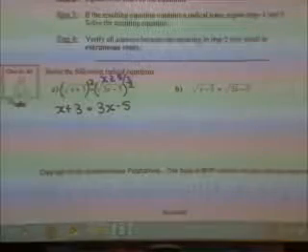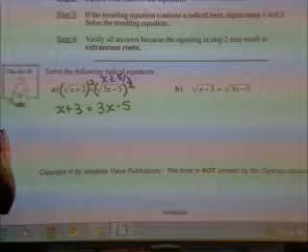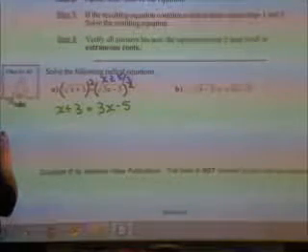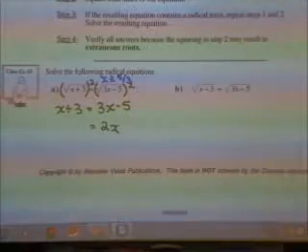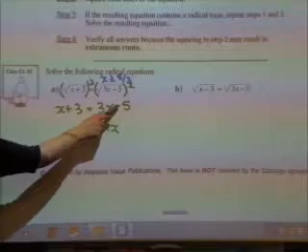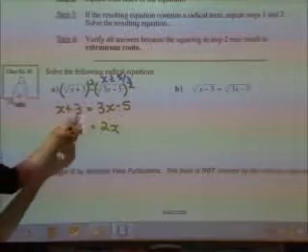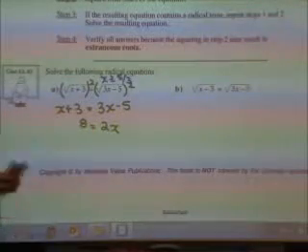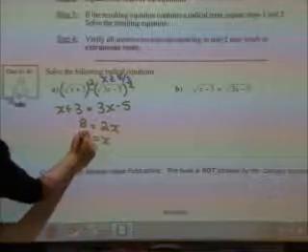So do I want to move the 1x or the 3x? The 1. So if I subtract 1x on each side, how many x's would I be left with? 2. And then I'm going to want to get rid of the negative 5. So how do I get rid of the negative 5? Add 5, so what's 3 plus 5? And then I divide by 2, and x would equal 4.